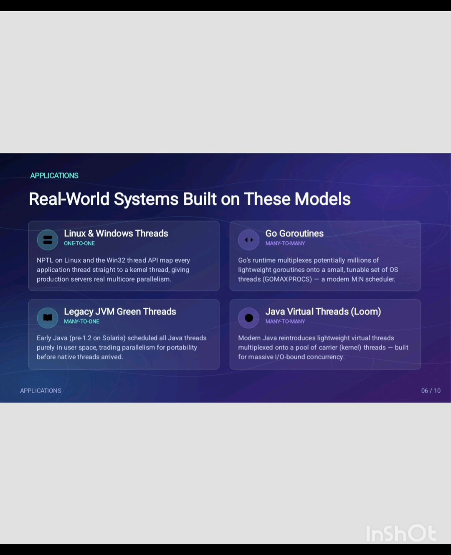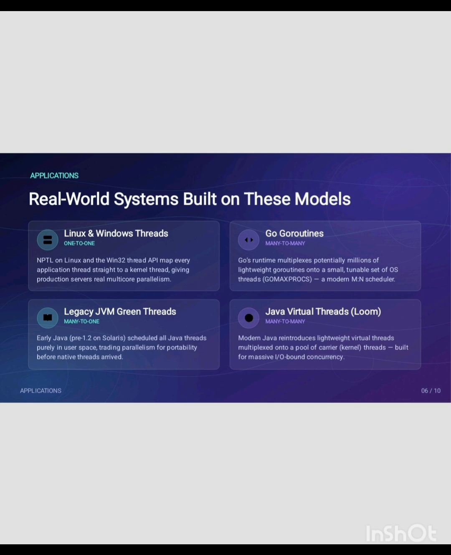Many-to-many: goroutines. Go's runtime multiplexes potentially millions of lightweight goroutines onto a smaller, tunable set of OS threads, using GOMAXPROCS and the modern M:N scheduler.